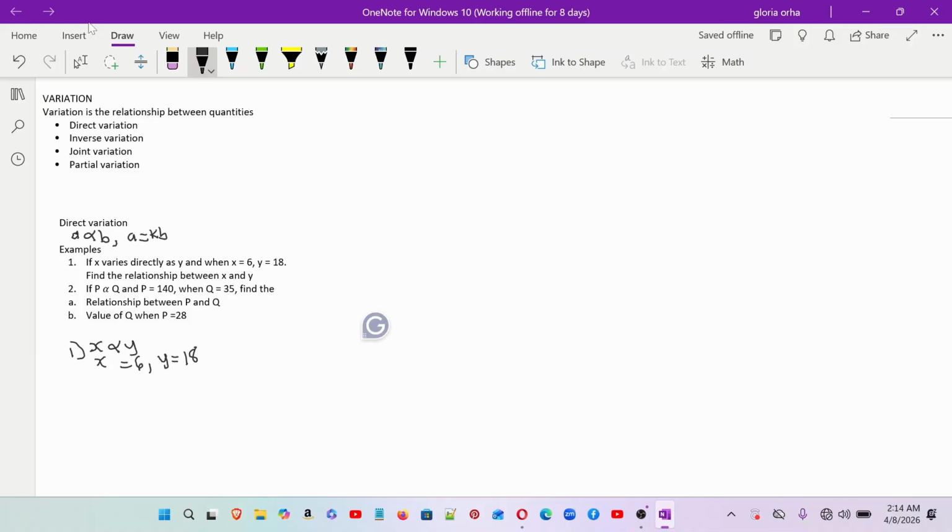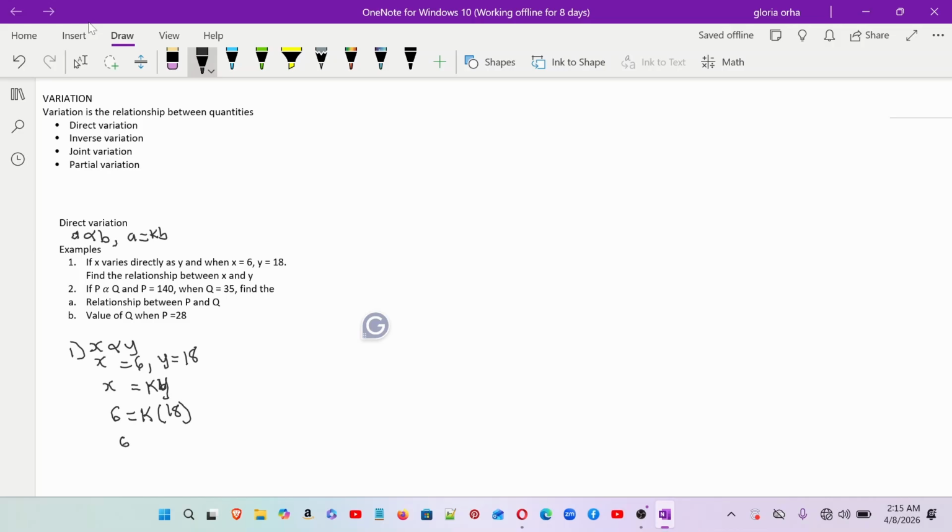So we are going to use the formula, which is X equal to K times Y. So our X is 6 equal to K, the constant, which is not given. We are the one that will look for it. Then times Y, which is 18.